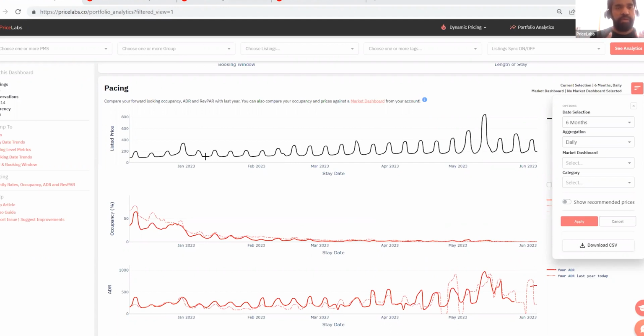I'll say yes, because if you're using a property management system that you've connected PriceLabs with, and you're sending prices to Airbnb, VRBO, and Booking.com via the property management system, the property management system is pulling in all the reservation data, and then we're pulling in all of that reservation data and trying to make sense of it. So the answer is yes if you're using a property management system.